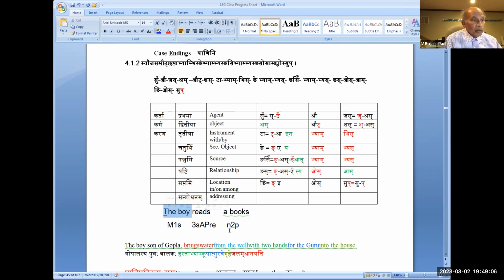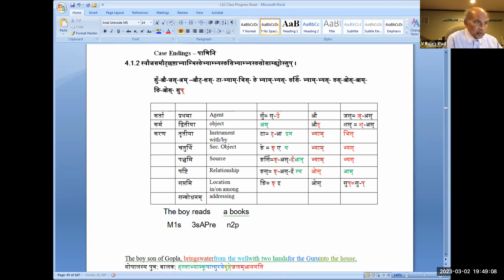So we know the verb has to agree with the agent or subject in person and number. You can't say the boy read the book or books.